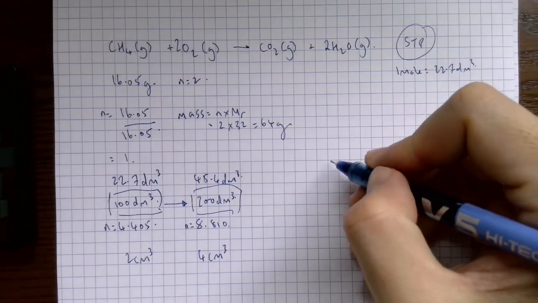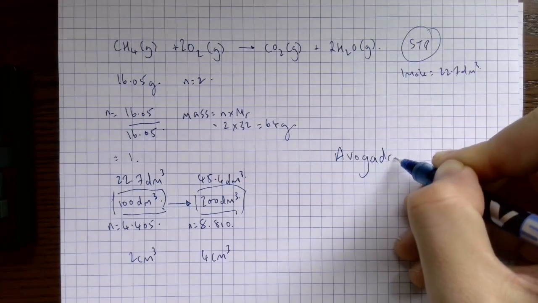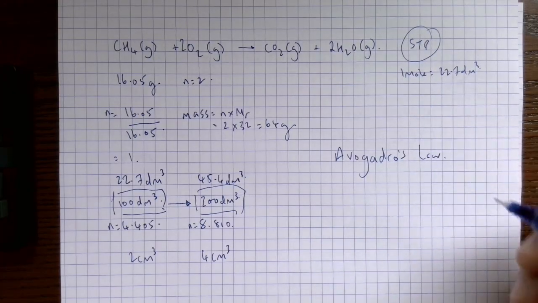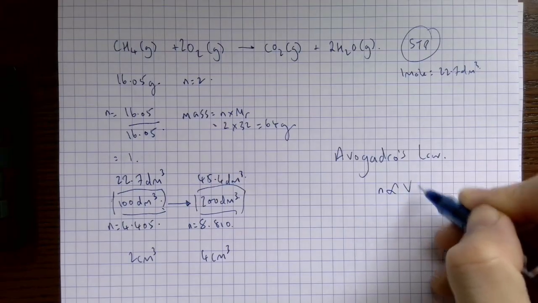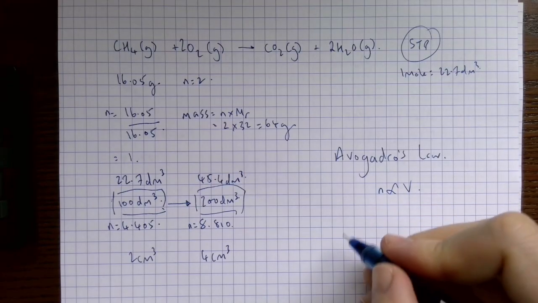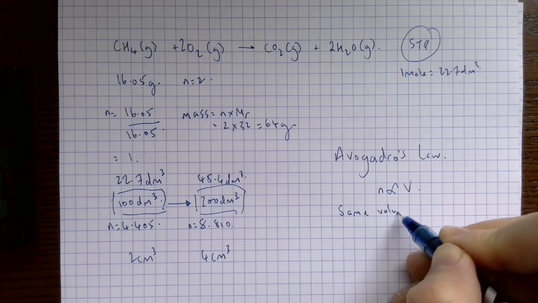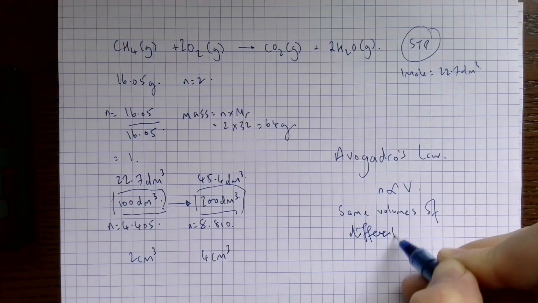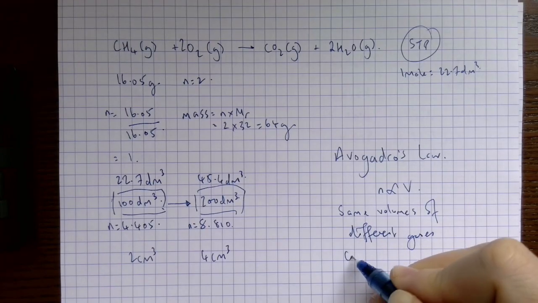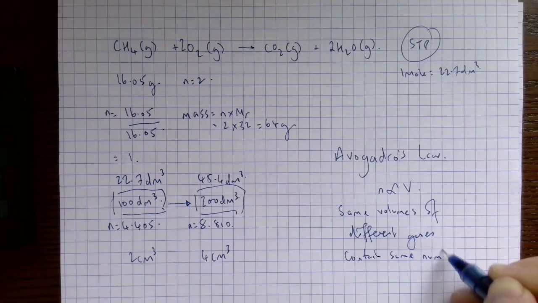Now the reason it works is because of Avogadro's law. Remember, which says that n varies with V, or same volumes of different gases contain the same number of moles.